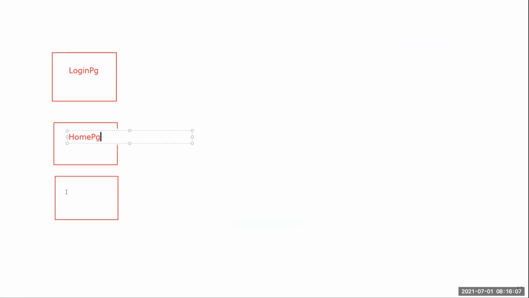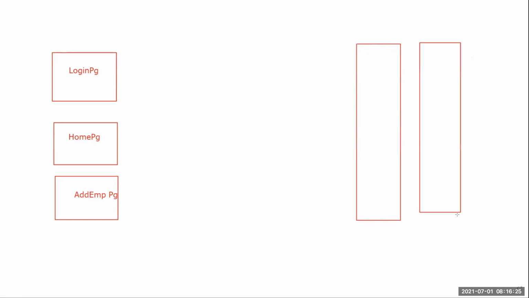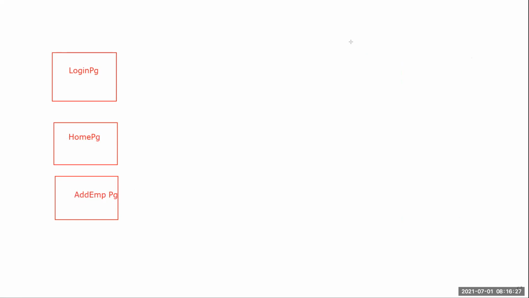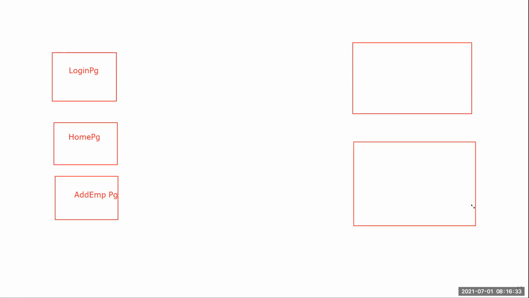Now again, I have this home page, and then add employee page. So we have these 3 pages, and instead of having a direct runner class, runner 1, runner 2, I'll make this runner 1, and I'll make this runner 2.